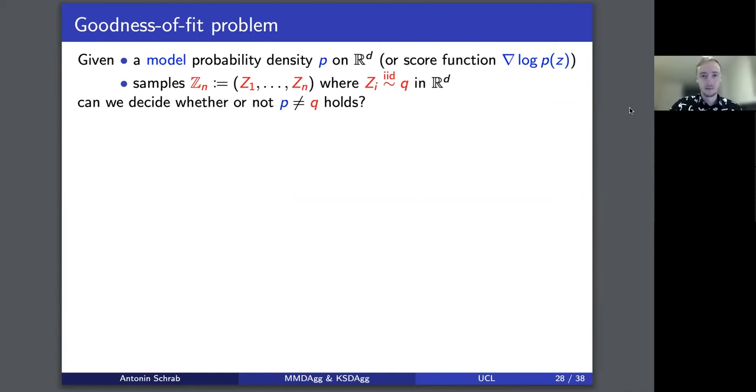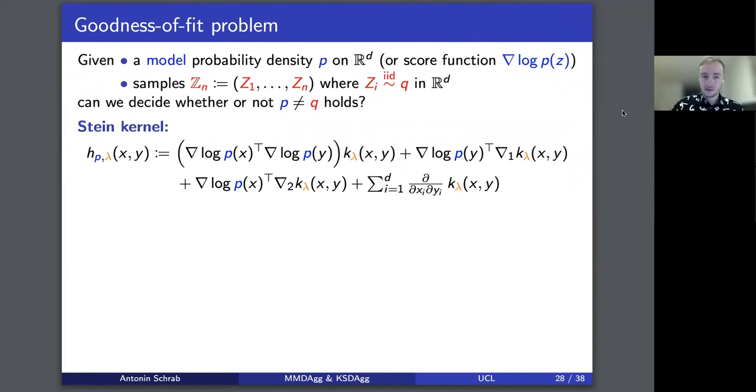We're given some model P, and some samples Z_1 to Z_n, which are IID drawn from some density Q. And as before, we ask the question: is P equal to Q, or is P different from Q? We want to know if the samples come from this model.